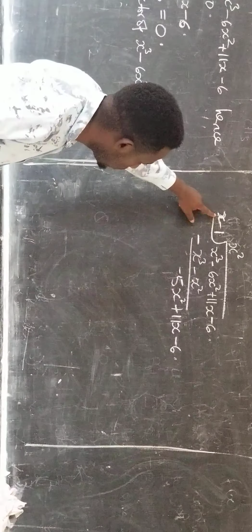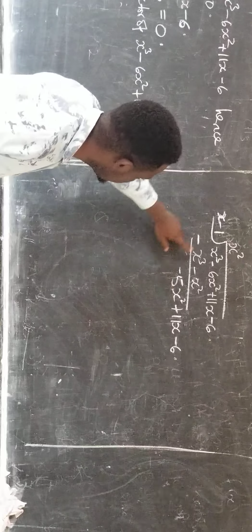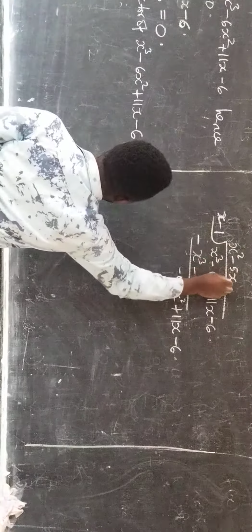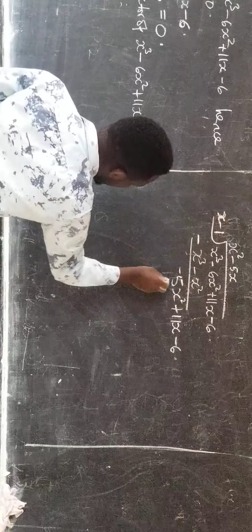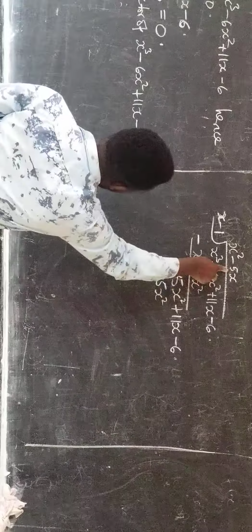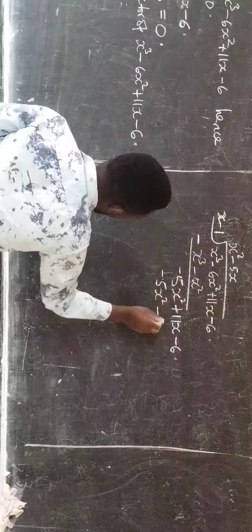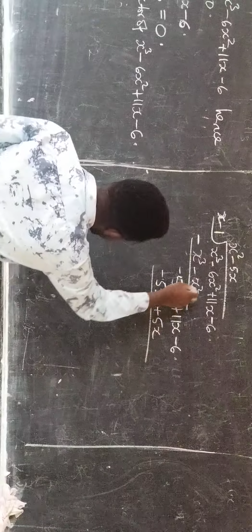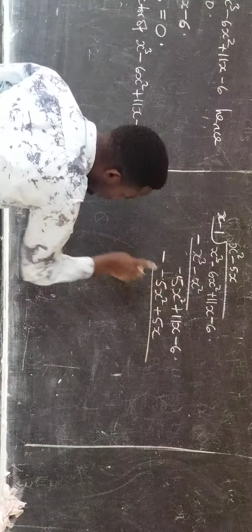This is still divisible by this. 5x squared divided by x, I will have minus 5x. Minus 5x times x, still minus 5x squared. Minus 5x times minus 1, that is plus 5x. If I subtract, this will go to 0.